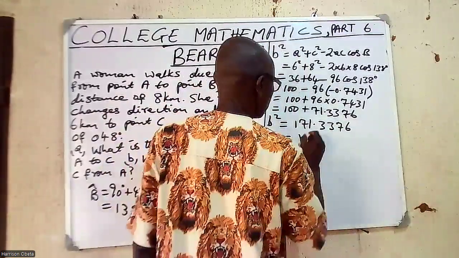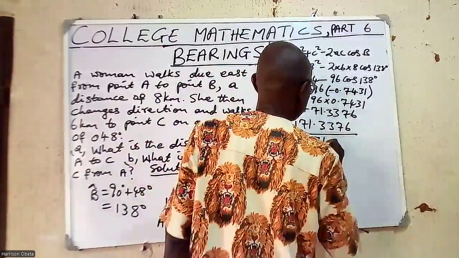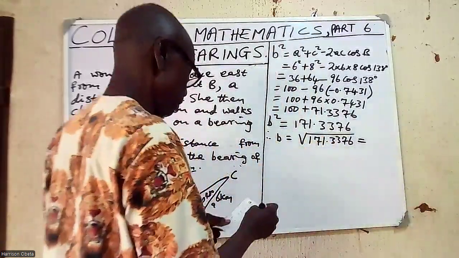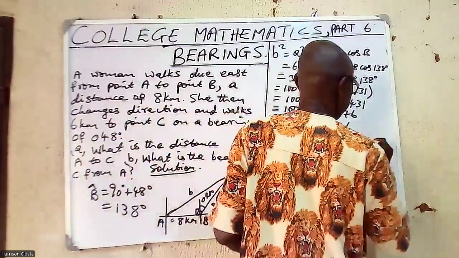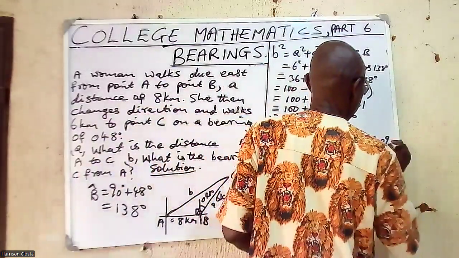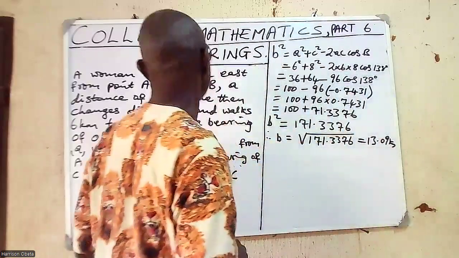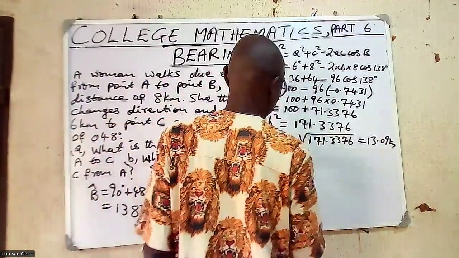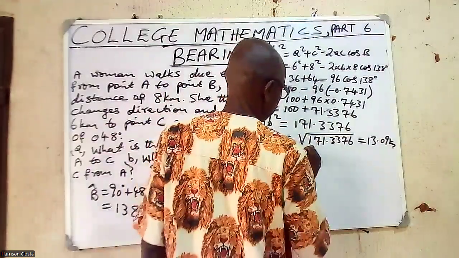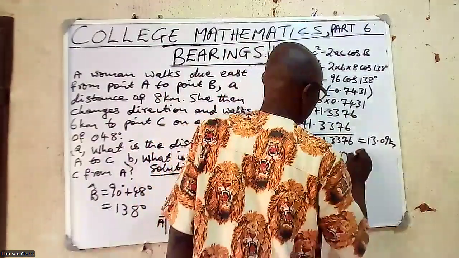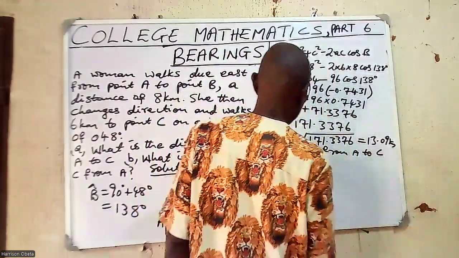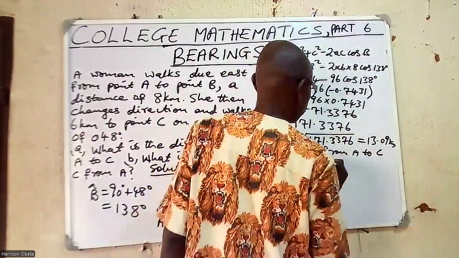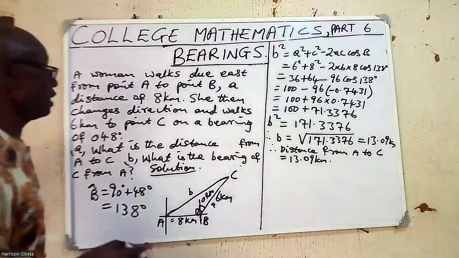Therefore, b is equal to the square root of 171.3376, and that will now give us 13.09 kilometers. That is the distance from A to C. Therefore, the distance from A to C is equal to 13.09 kilometers. Okay, so we have succeeded in getting that.